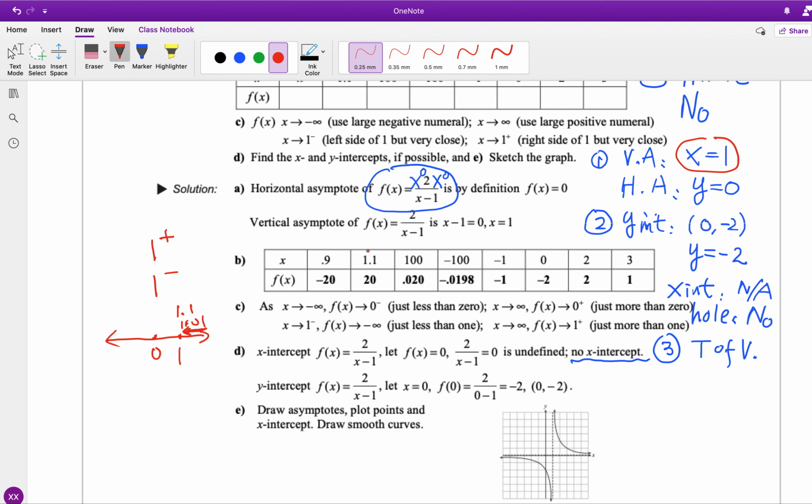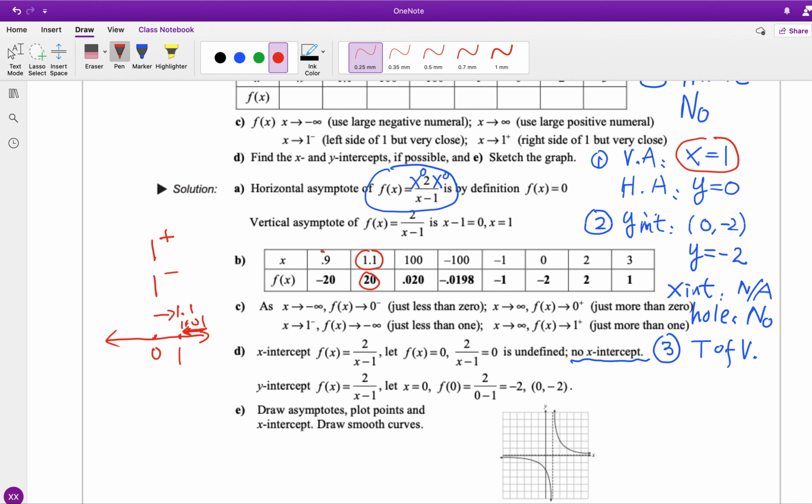So then plug this 1.1 value in here, because 1.1 subtract 1 is 0.1. 2 divided by 0.1 gives you 20, right? So that's your y value. And from the other side, approaching 1, that means 0.9.